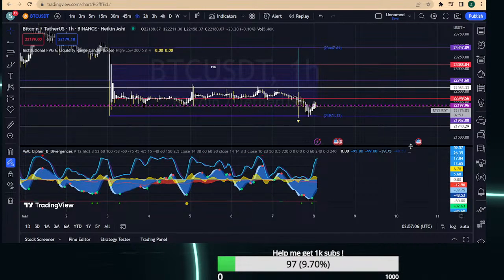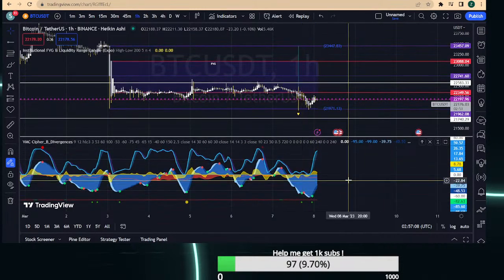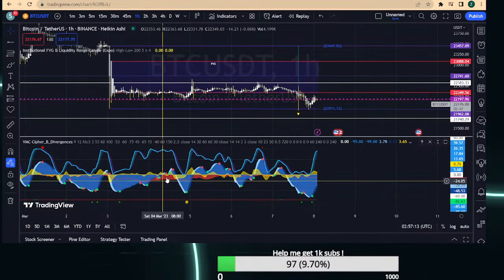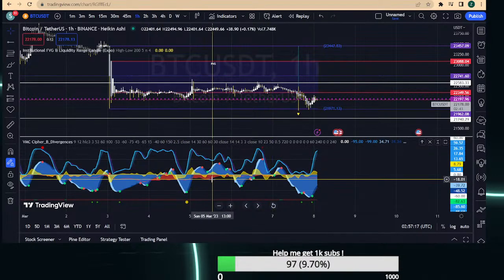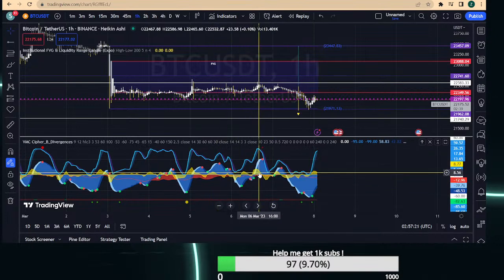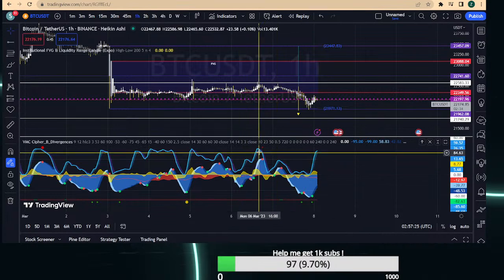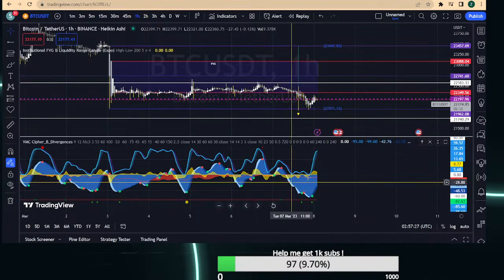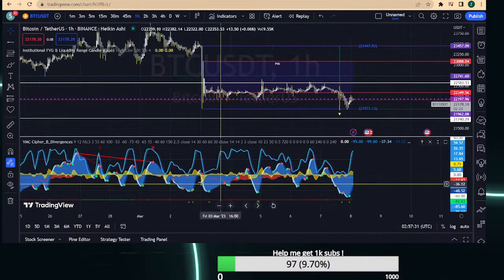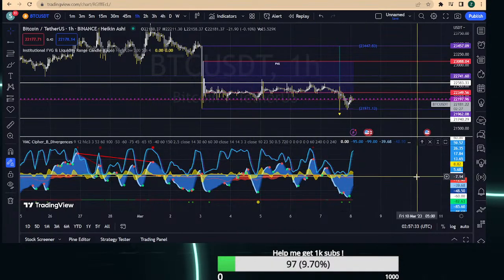If you're not familiar with this indicator, this is a momentum indicator for various different functions. It captures money flow, so negative and positive money flow. It has a VWAP, has stochastic bands, which is the bands right here, these blue fancy bands. The red flow here that you see is the money flow. Anytime it's above, it'll be green.